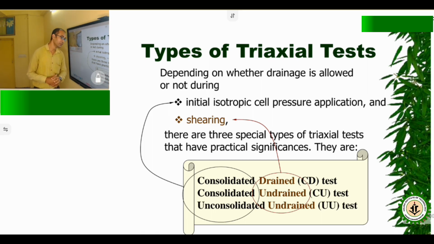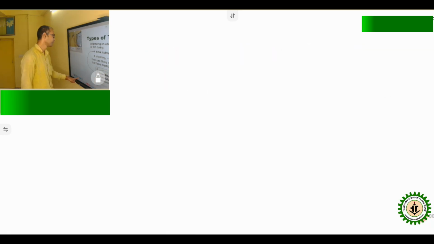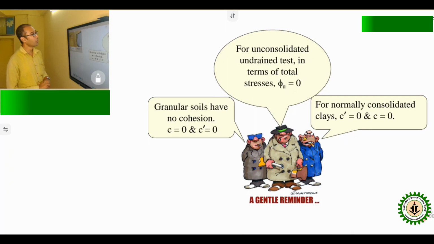Generally we do the UU test, and if we want to, different types of conditions. So three tests we can perform: consolidated drained CD, consolidated undrained CU, and unconsolidated undrained UU. The unconsolidated undrained test in terms of total stress has phi u equal to 0.